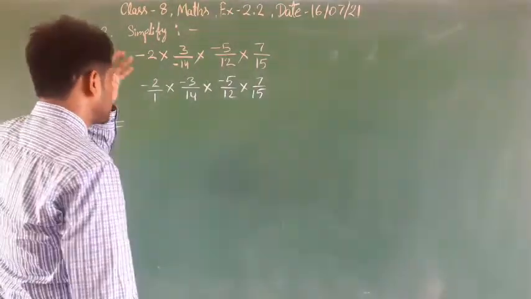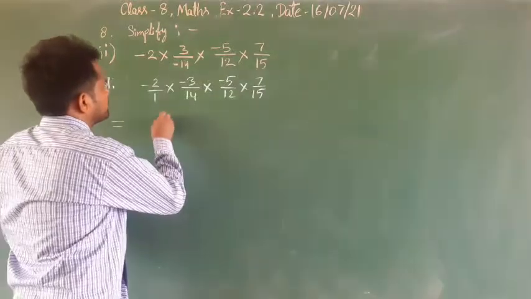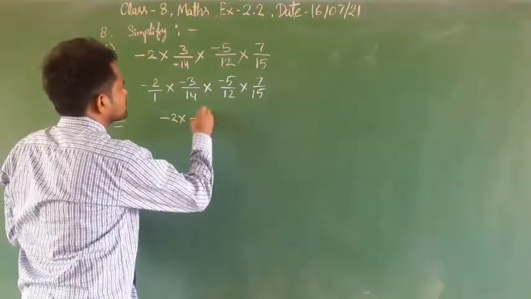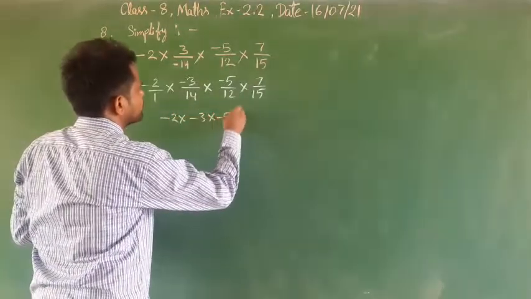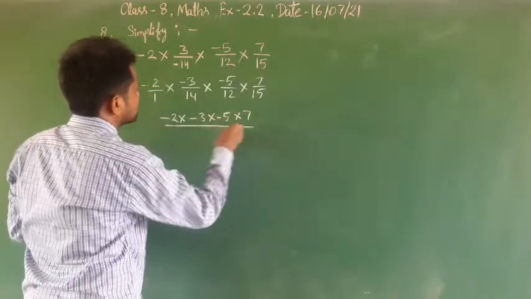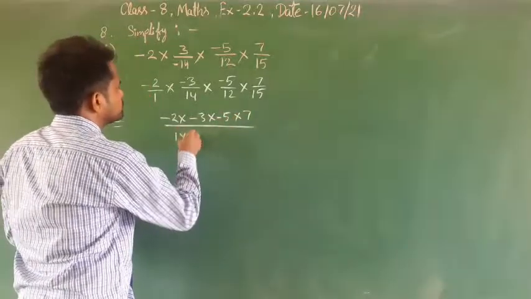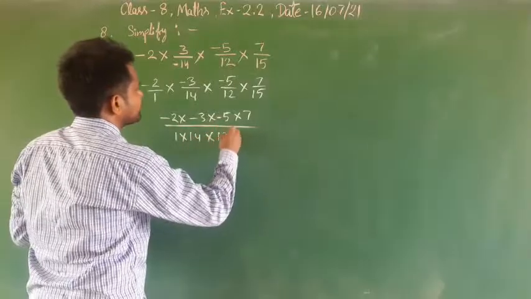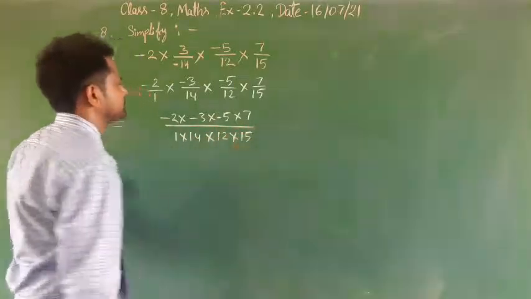Now minus 2 into minus 3 into minus 5 into 7 and 1 into 14 into 12 into 15.